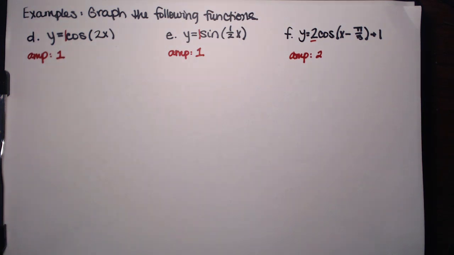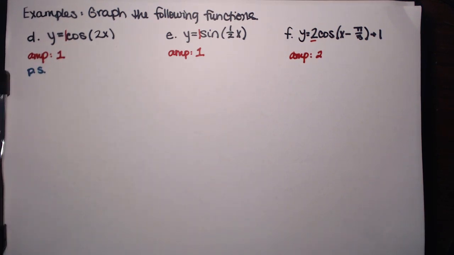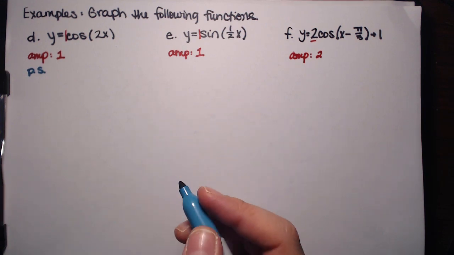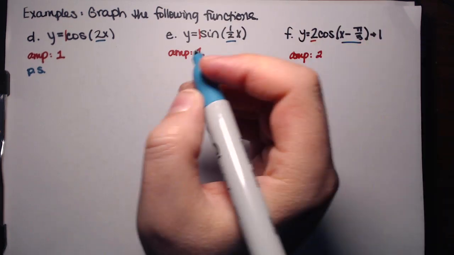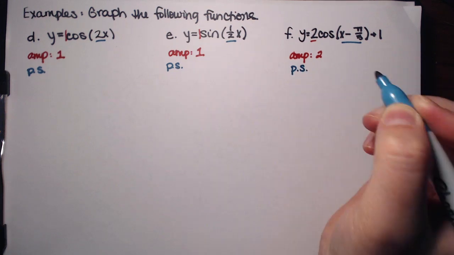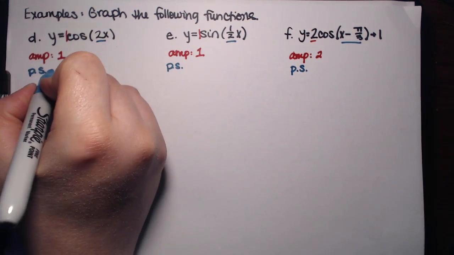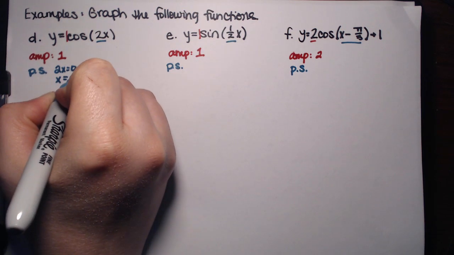And then we'll look at a phase shift. Technically, you could be looking at these in any order. So that's where we set the insides equal to 0. So when 2x is equal to 0, x equals 0.